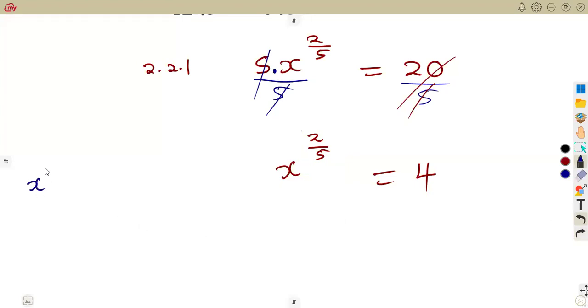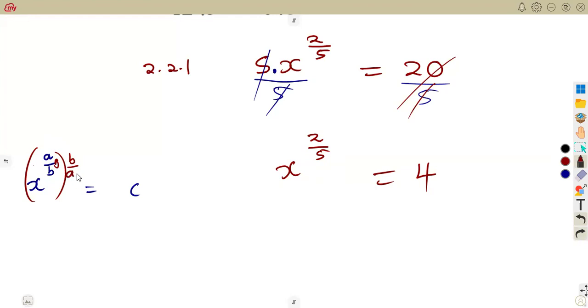We find its reciprocal. x to the exponent of a over b, if it is equal to, let's say, a number like this, and you want to find x, you simply find the reciprocal of this fraction, a over b. What is the reciprocal? The inverse. You just interchange. It will be b over a.